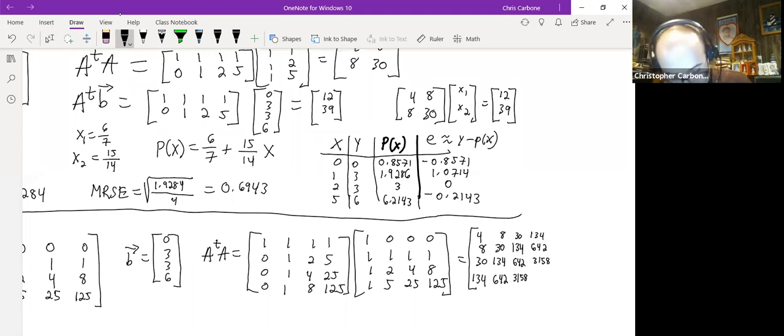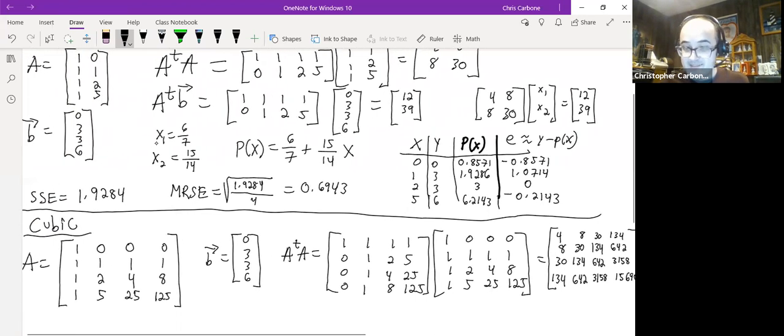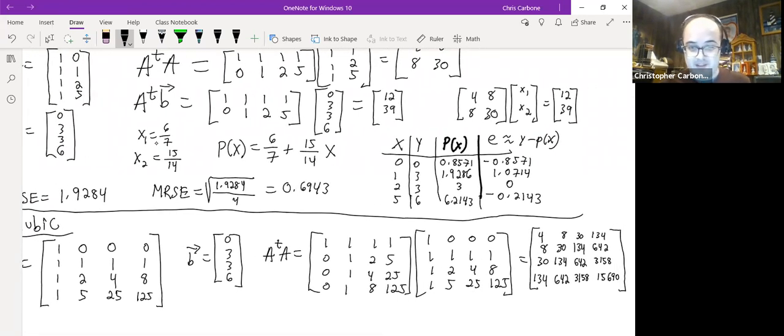And you know, this last one's kind of high. This would be 15,690 for the value of 125 times 125. That's a big giant number, right? So that's for the matrix A transpose times the matrix A. Again, we get that lovely looking matrix there.